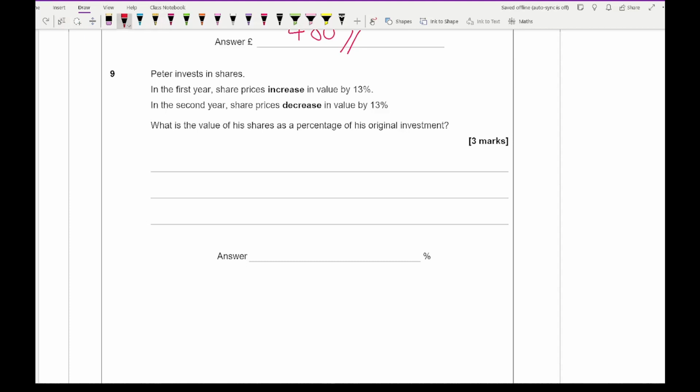So for this, let's start off by imagining that the original investment was, at a guess, let's say £200. So then what we then do is the final investment worth value is going to be 200.